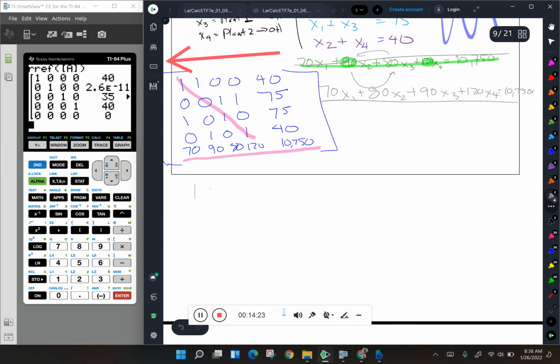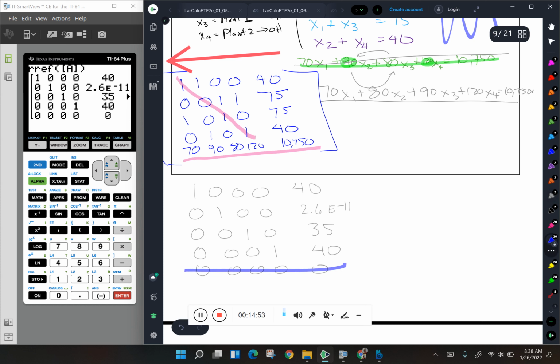Okay, so let's see. The first row says 1, 0, 0, 0, 40. The second row says 0, 1, 0, 0, 2.6 e negative 11. The third row says 0, 0, 1, 0, 35. The fourth row says 0, 0, 0, 1, 40. And the fifth row says 0, 0, 0, 0, 0.